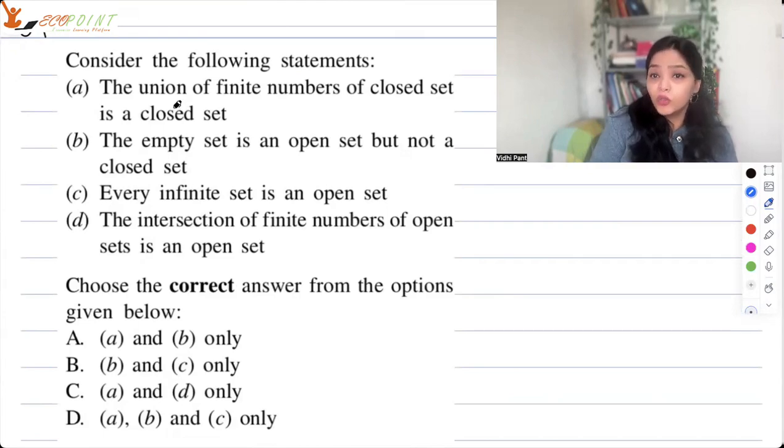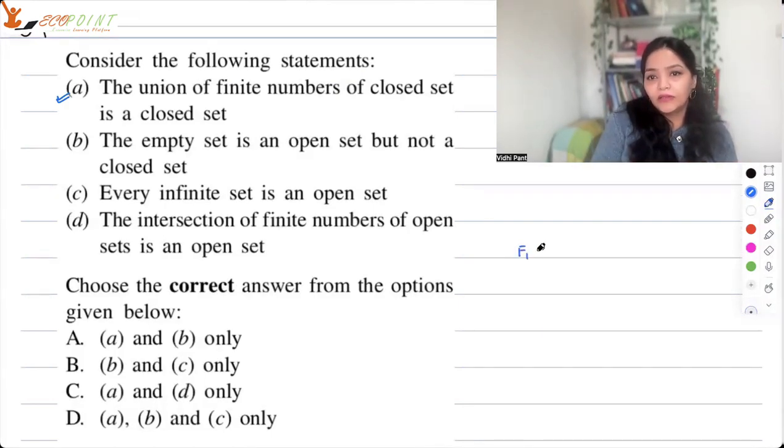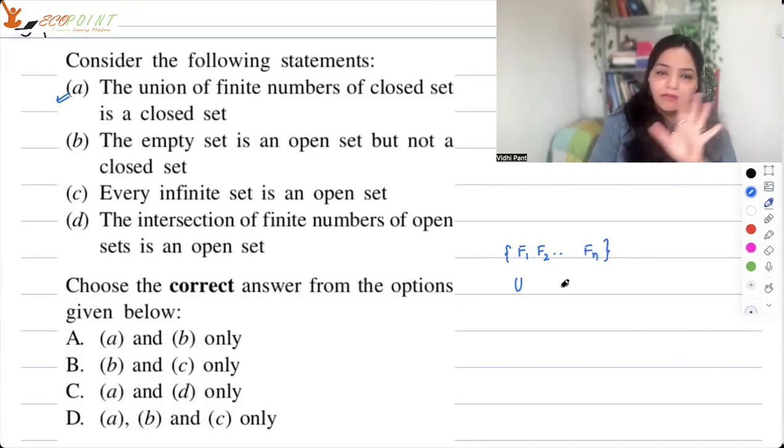This is true. This comes from a theorem: if you take finite closed sets F1, F2 till Fn, the union of finite number of closed sets will be closed. Infinite number, you cannot say.